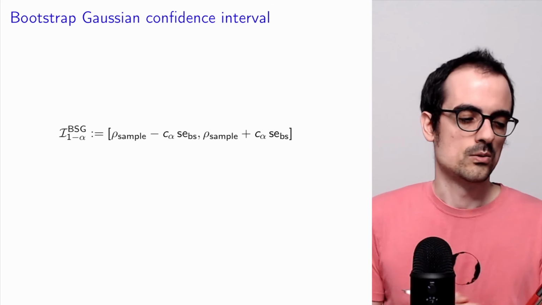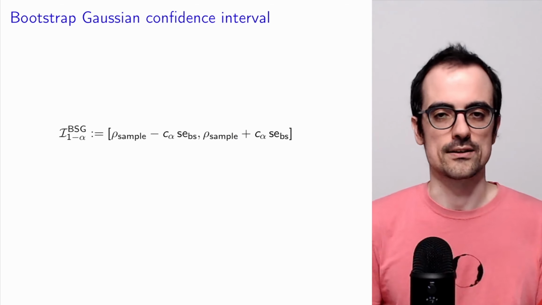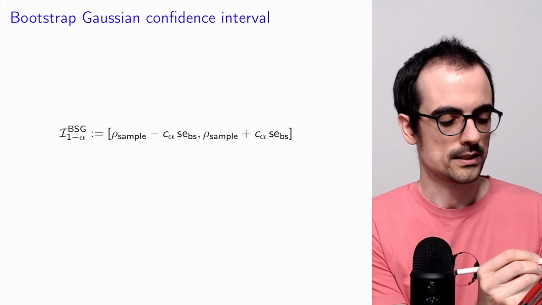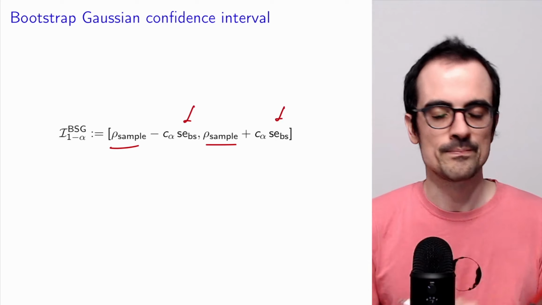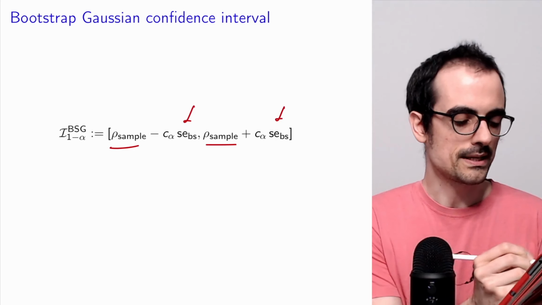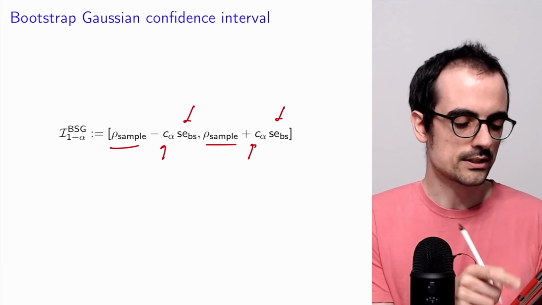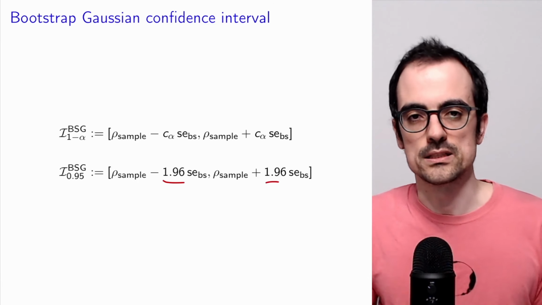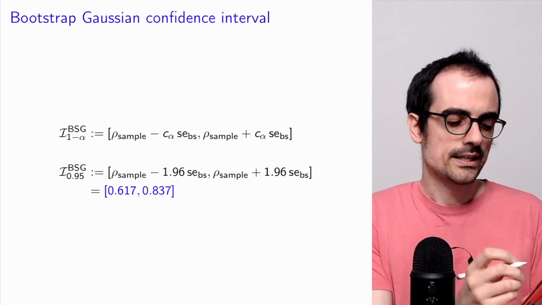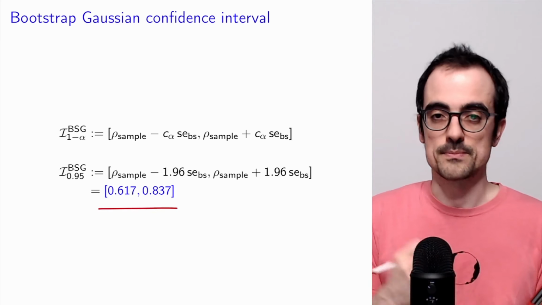So we take a look at the Bootstrap Gaussian confidence interval for the correlation coefficient. We have our sample correlation coefficient, we plug in the standard error obtained by bootstrapping, and we choose the adequate constant, which in the case of 0.95 is 1.96. That is going to give us this confidence interval for our specific example.